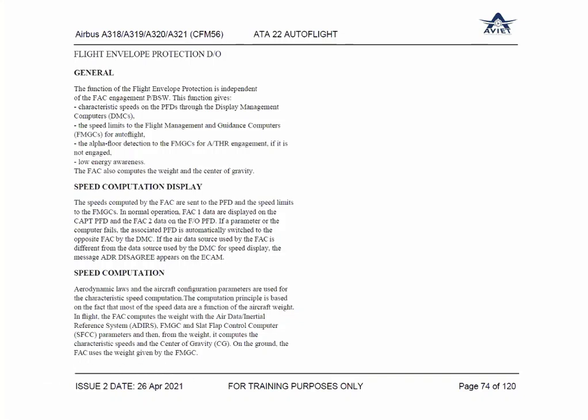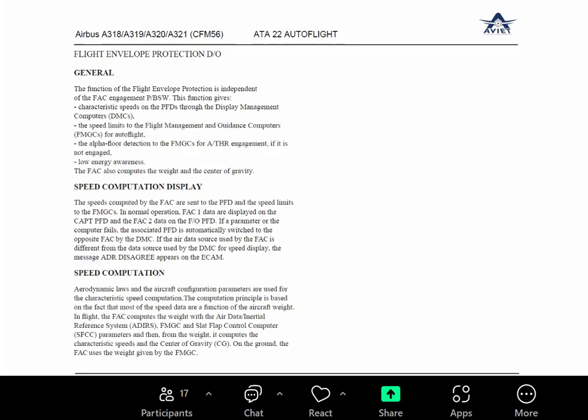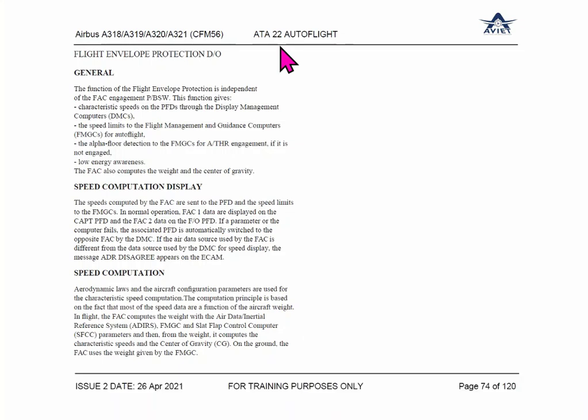So how will the FAC compute the weight? That will be given by the FMGC on ground. It means on ground there is no weight calculation.